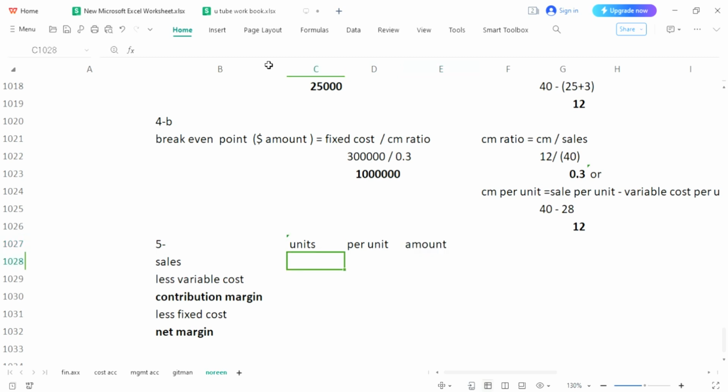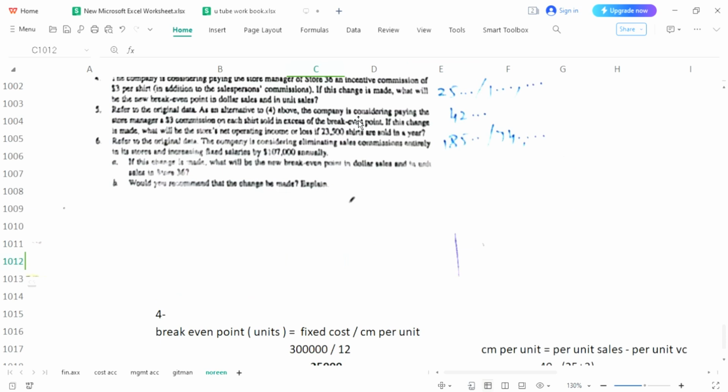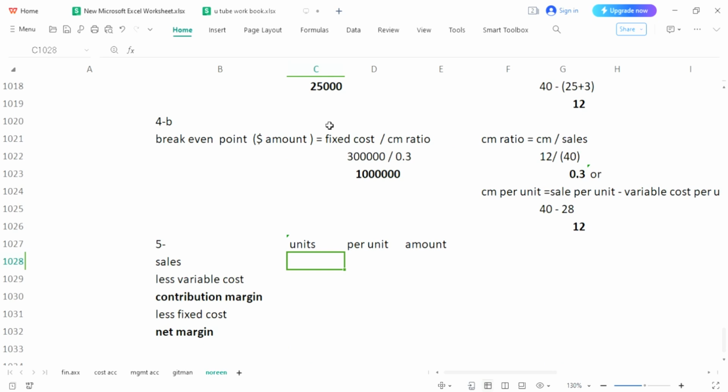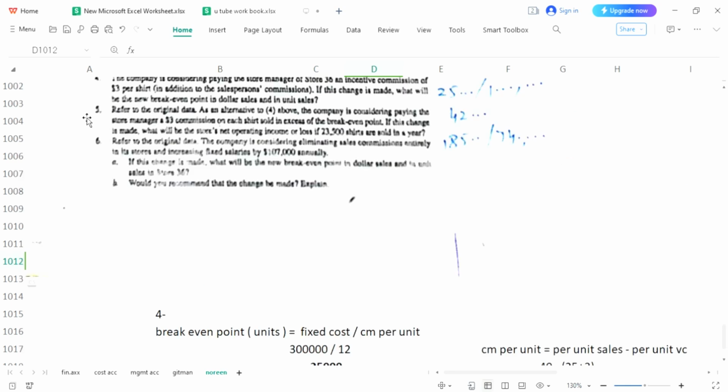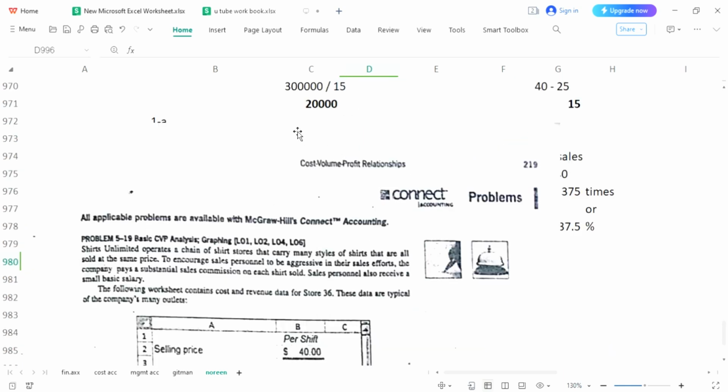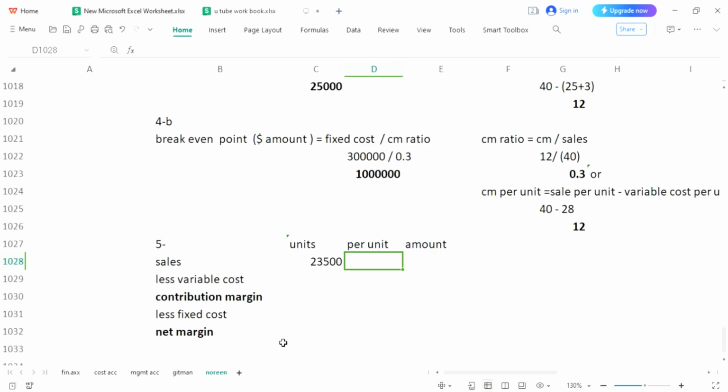Number of units was mentioned in the question. These are 23,500. So you can put 23,500 over here. Sale price is not changed, as we refer to the original data. So sale price would be the same, 40. You can write 40 over here.